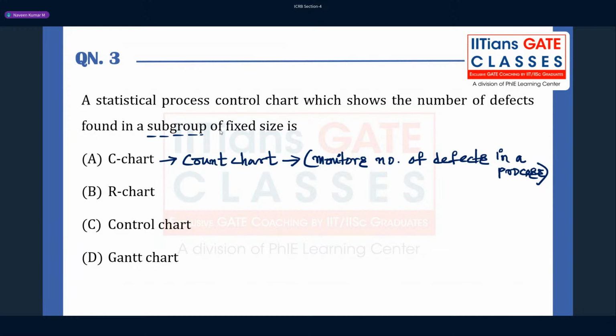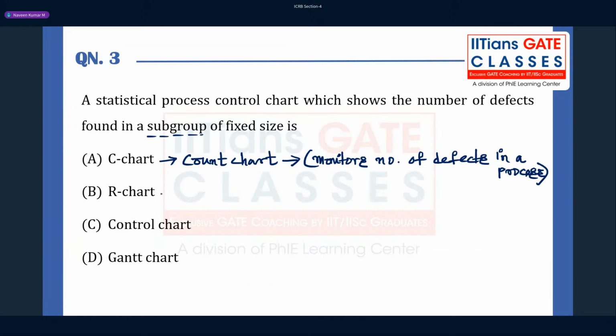So this chart will tell you the number of defects that can occur, but it won't say how frequently they are going to occur in some groups, since these are all probabilistic. So for this question, A is the right answer. But we'll be discussing the other charts as well.